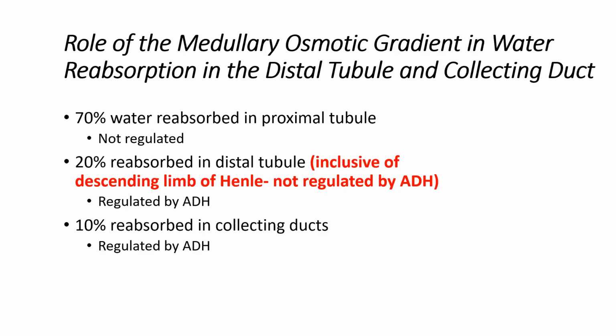So the loop, although it's lumped in that 20%, is not regulated, whereas the distal part of that convoluted tubule is regulated by ADH. And then the final 10% happens via the collecting duct, so the very distal parts of the tubule, and that is also regulated by antidiuretic hormone, which is going to change depending on our hydration and volume status.